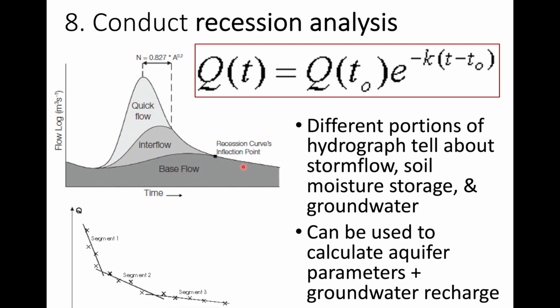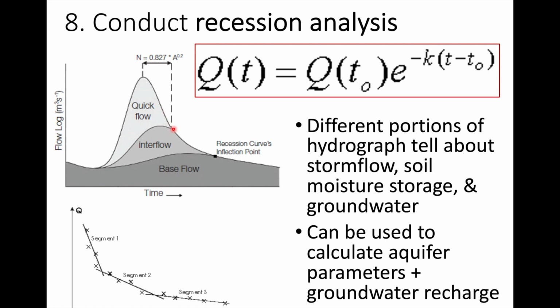What a recession analysis does is it looks at the shape of the fall in the streamflow on the falling limb or declining limb of a storm and during the base flow period between storms. In this illustration, there's a really quick fall in the stream, and here they're calling it quick flow. We might think of this as overland flow and really rapid subsurface storm flow.